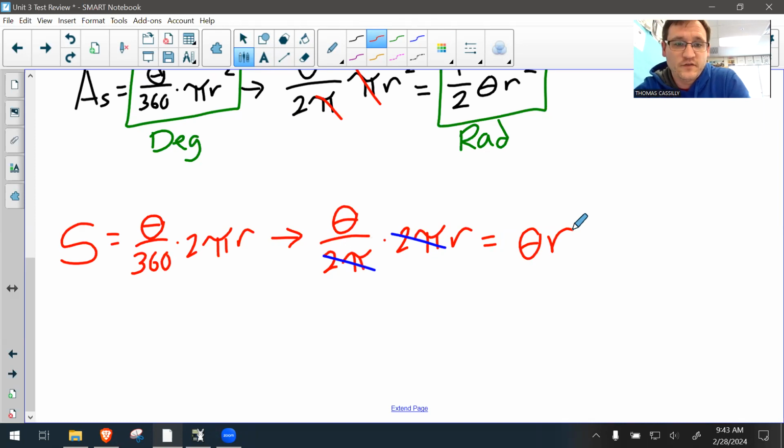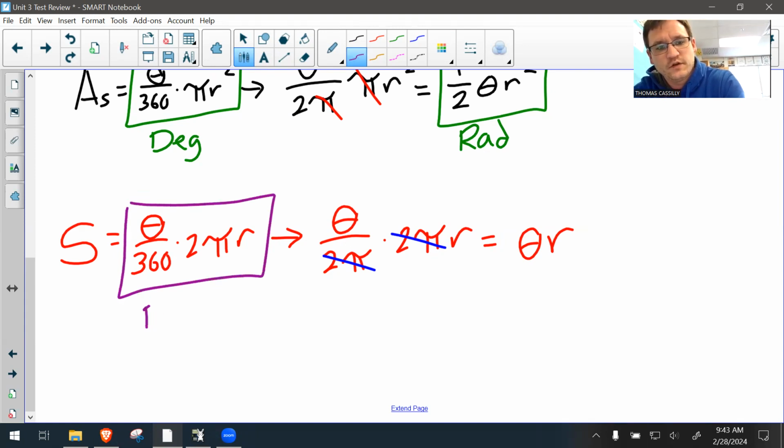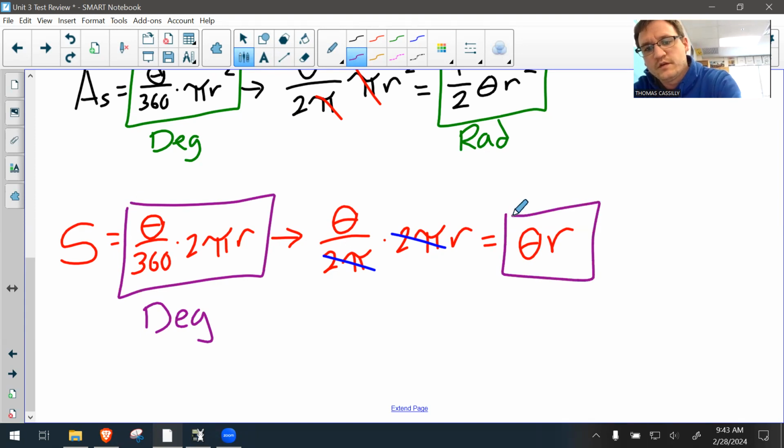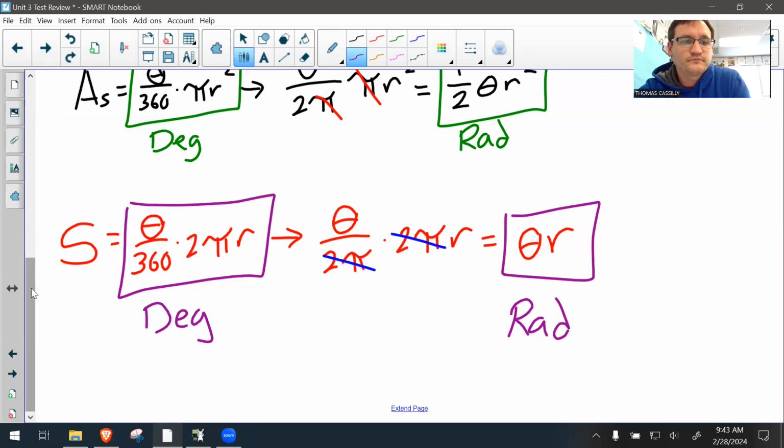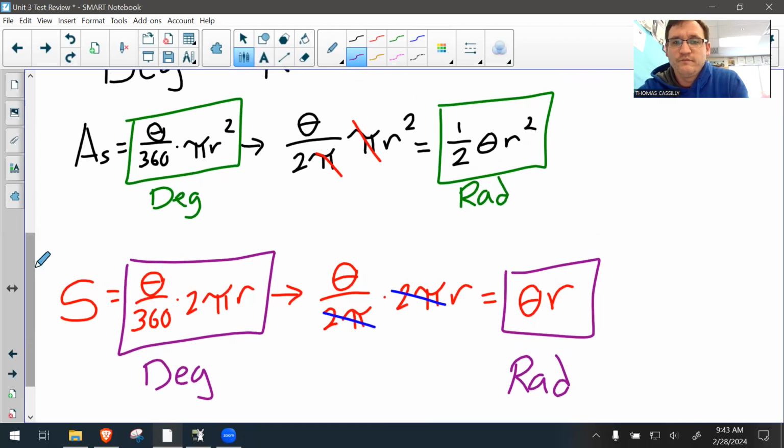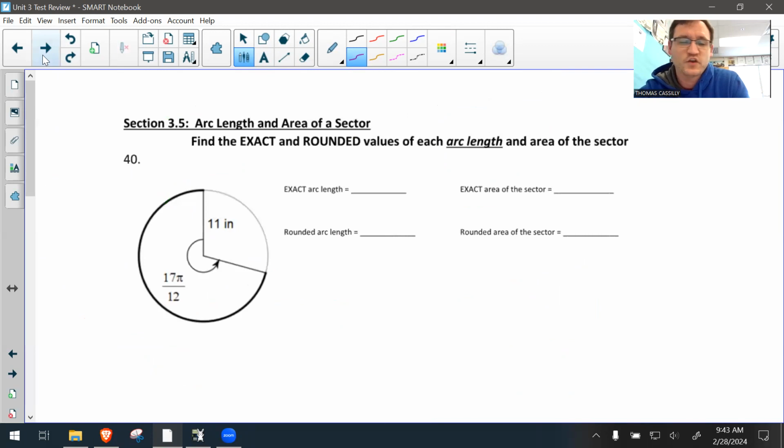So the arc length is just theta times r. It's a much simpler formula when we have radians. So this one is your degree formula, and this one is your radian formula. That's all there is to it. We could simplify the degree one a little bit, but I don't know if it would be more helpful. These are the four formulas we have for this section moving forward.